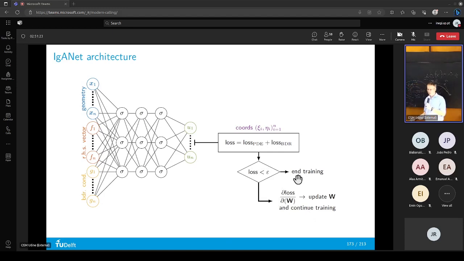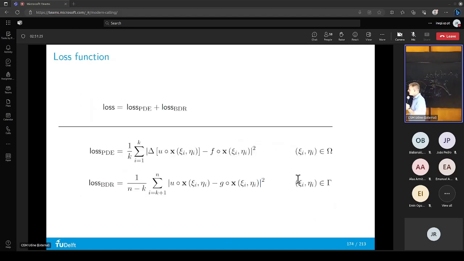Now, speaking about the training, how do we train? First, the loss function. It consists of these two parts, and nothing surprising, right? This is just the collocated residual of the Poisson equation, and this is the collocated residual of the Dirichlet boundary.